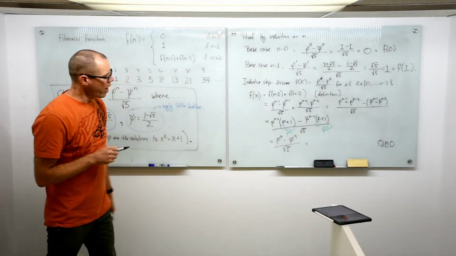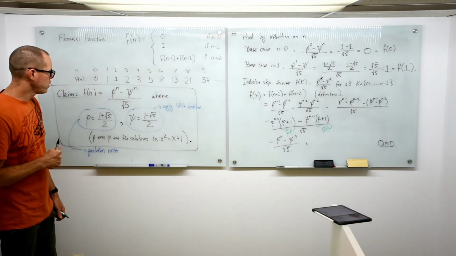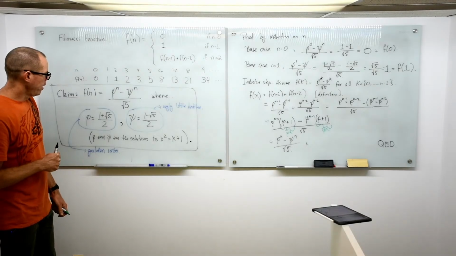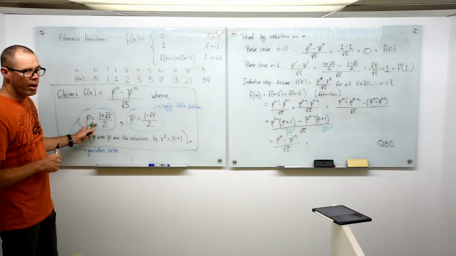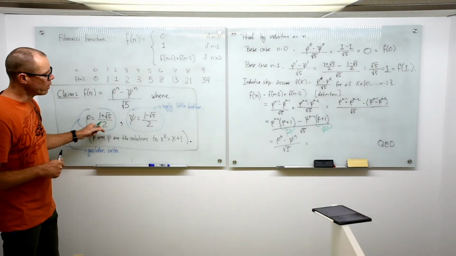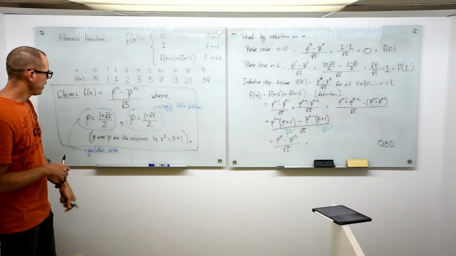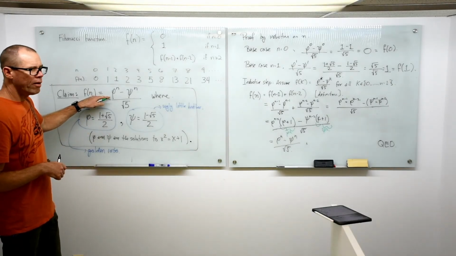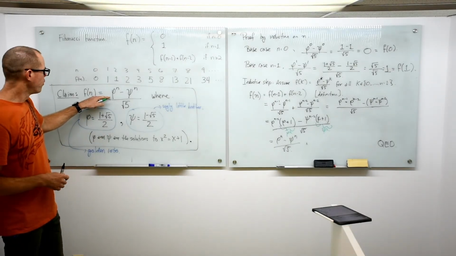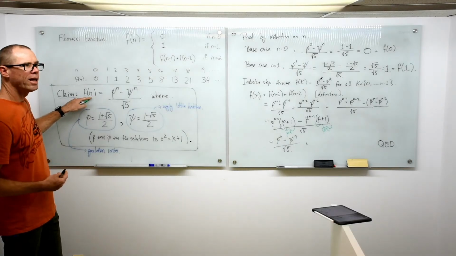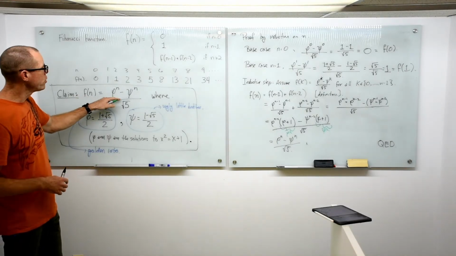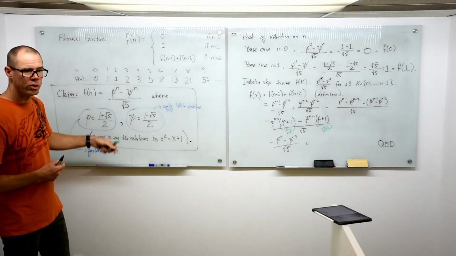So this incredible theorem is true. And to me, what's incredible about it is that there are these irrational numbers everywhere. They give you this formula, and whenever you evaluate this formula for a non-negative integer n, you get an integer which happens to be the solution to this equation.